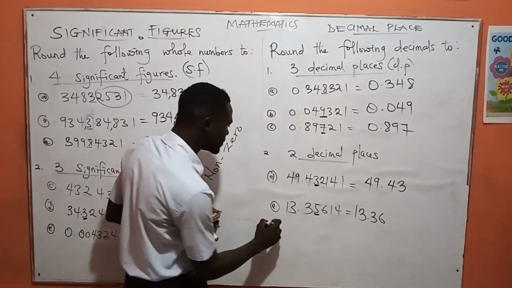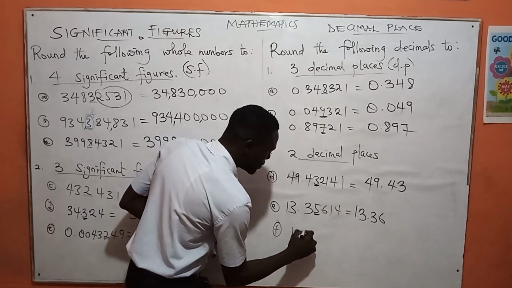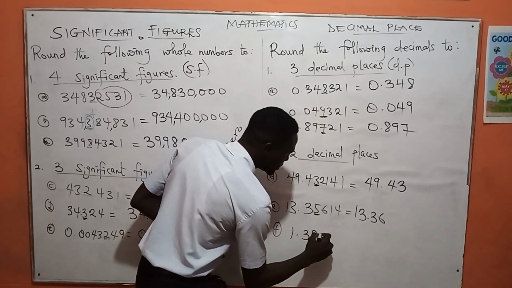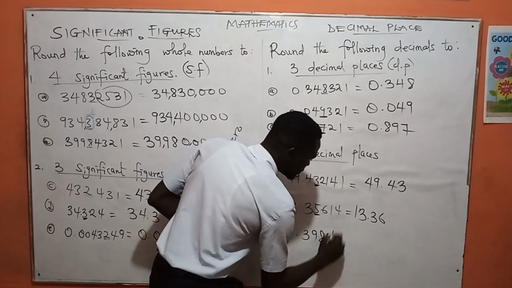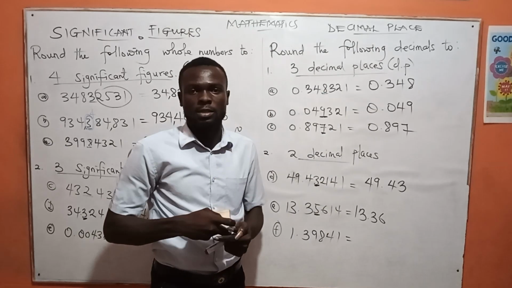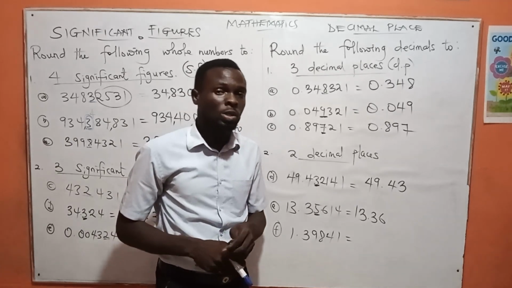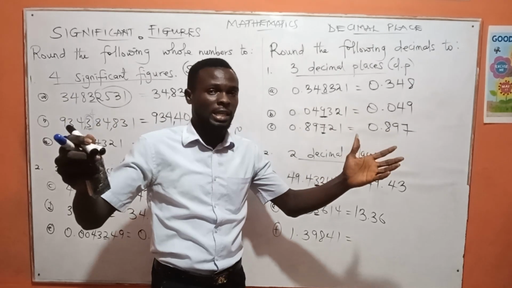And there is this last one I want us to look at. Let's say you have 1.39841. It says round to two decimal places. You should know that two decimal places means leave two numbers after the decimal point.